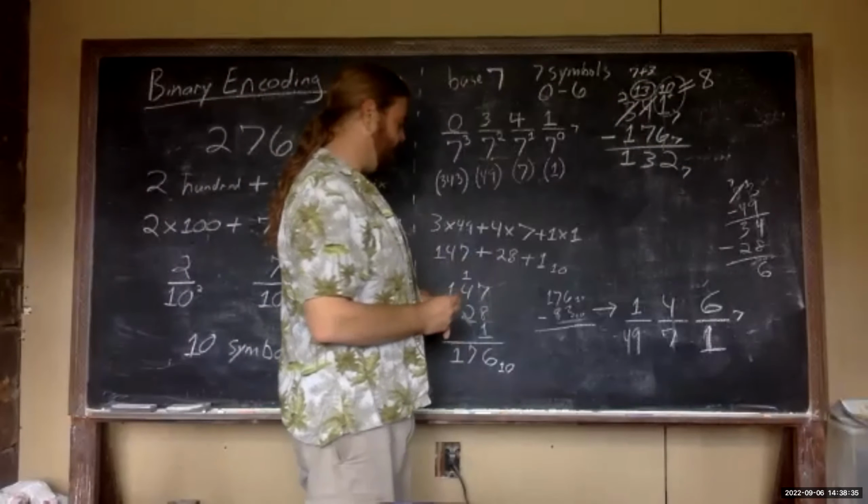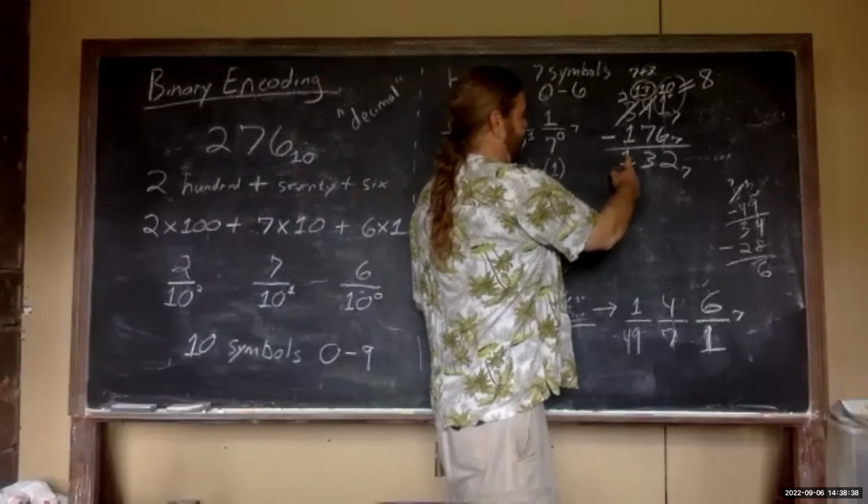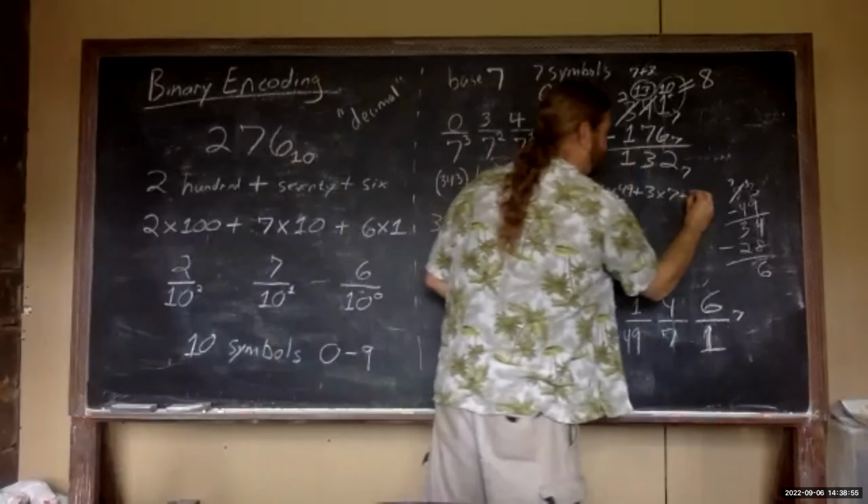Like if we check the meaning of that number real quick, 1 in our 49s column plus 3 in our sevens column. Plus we have 2 in our ones column.